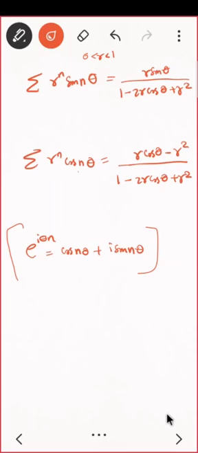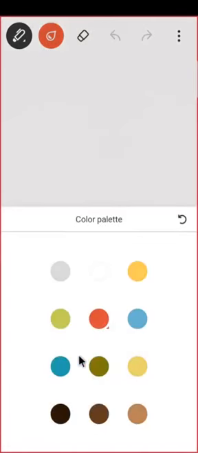Now we are in a state to define what is Taylor series. What is Taylor series? Same, this will also remain the same as it was earlier for you.